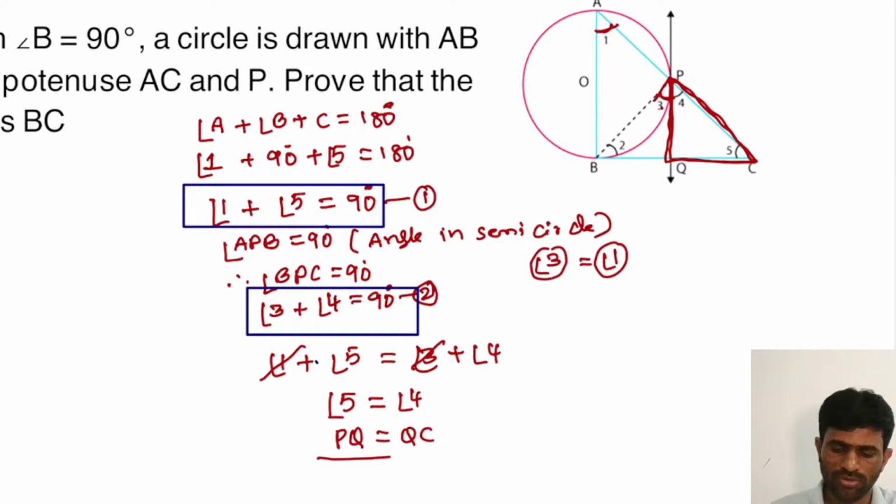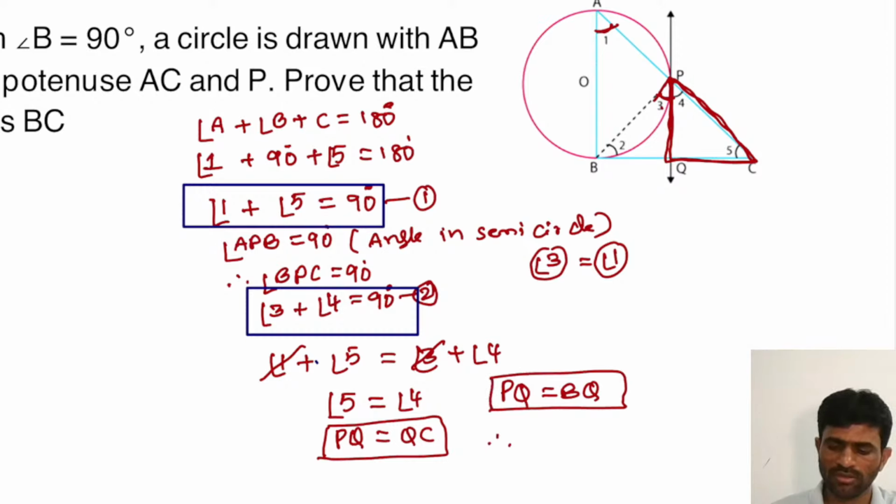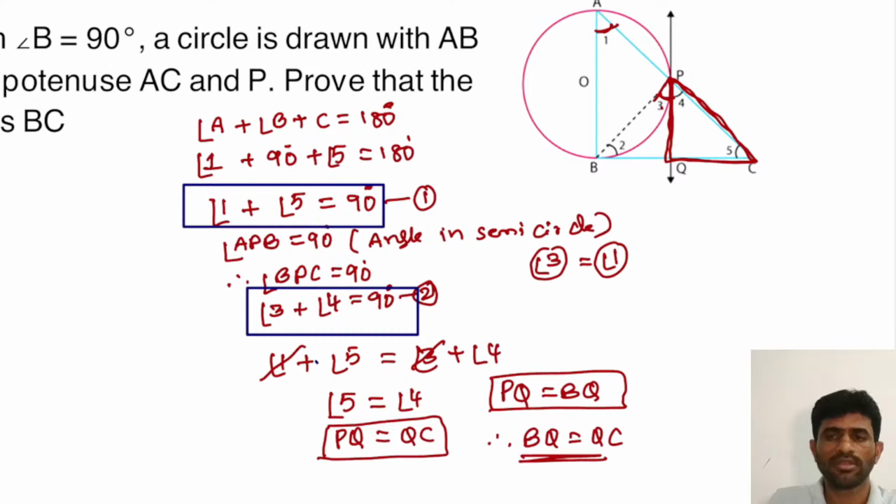And we also know PQ is equal to BQ because they are lengths of tangents from an external point to the circle. So from these two, we can say BQ is equal to QC. Means that line PQ is bisecting BC. This is the solution.